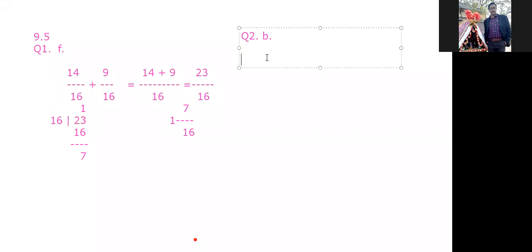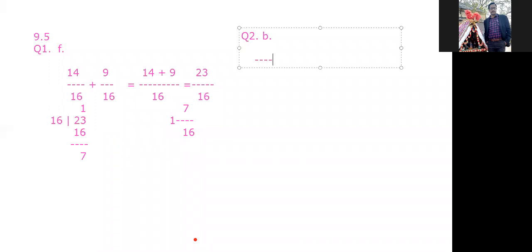What we have to do is very simple. Basically it is not an addition. To find out the result, we have to do the subtraction. How to do the subtraction? You see here, the result is written over here.